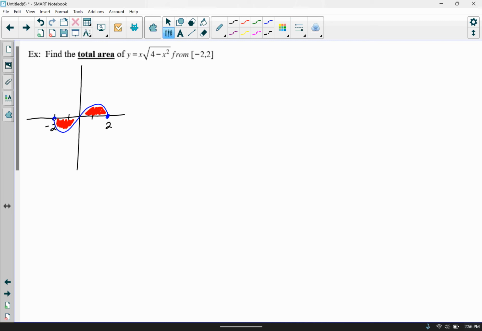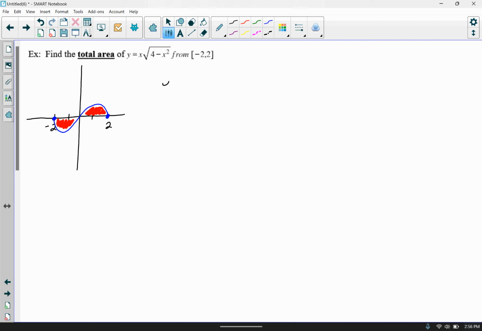Remember, we want total area, so we know that the area from negative 2 to 0 is going to be negative, because it's below the x-axis. And then we need the area from 0 to 2 of the same function to get this top portion here, because the area there is positive.